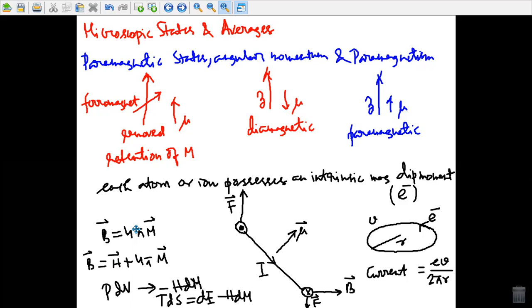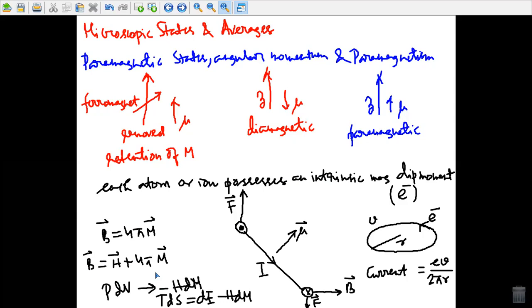It will feel the external field H and also the additional field 4 pi M originating from the neighboring dipoles. The sum of these two effects is the magnetic induction B, and the relationship is B equals H plus 4 pi M. A similar relationship can be formulated for the electric field also.